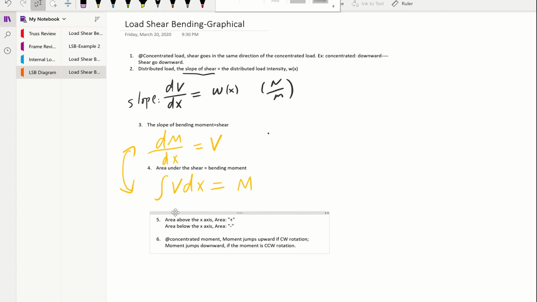A lot of rules. One last thing I want to bring to your attention is from rule number 3 and rule number 4.